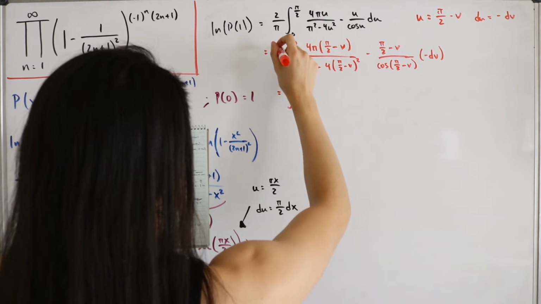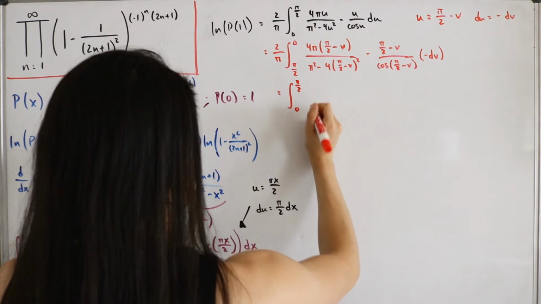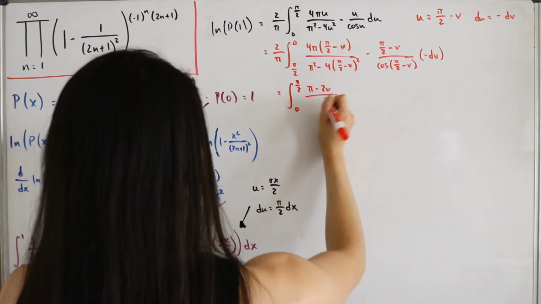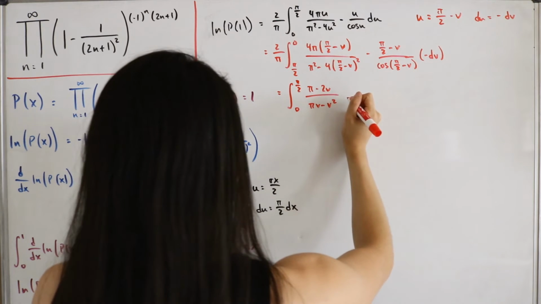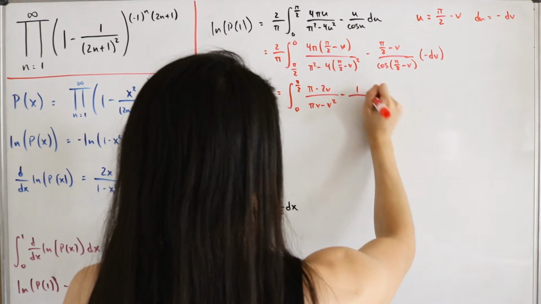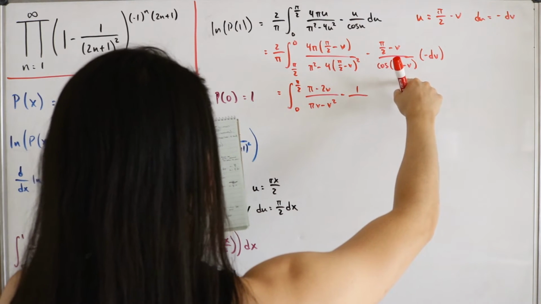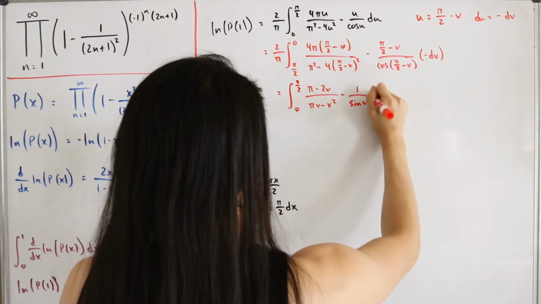So this is going to get rid of the 2 divided by pi on this side, and I have pi divided by 2. This is going to be 0. All that's left on the top is pi minus 2 times v, and then divided by pi times v minus v squared, then minus 1 divided by, so cosine of pi divided by 2 minus v, we'll be using that identity. That's going to be the same thing written as sine of v, then dv.